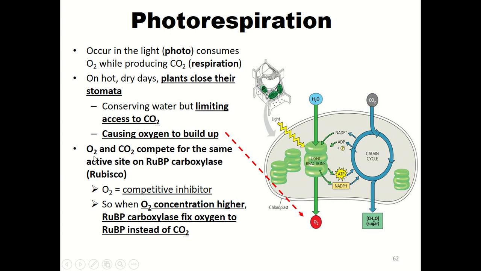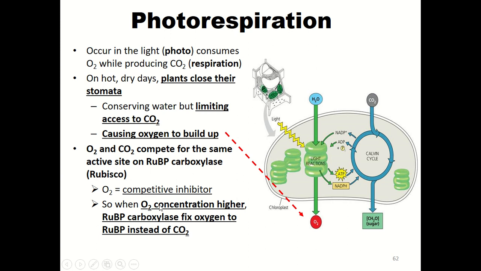And oxygen and carbon dioxide compete for the same site of ribulose bisphosphate, which is RuBP, that you can find in the Calvin cycle. Therefore, if there is no carbon dioxide, the Calvin cycle will not occur and it will be replaced by the photorespiration process. Because oxygen is the competitive inhibitor for carbon dioxide at the active site of the enzyme Rubisco.